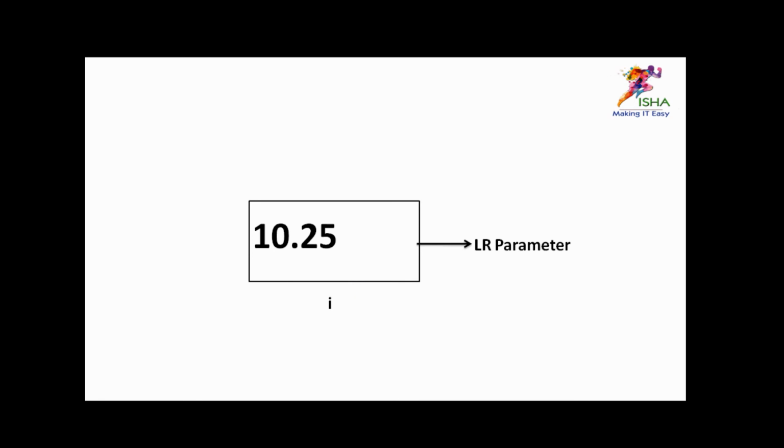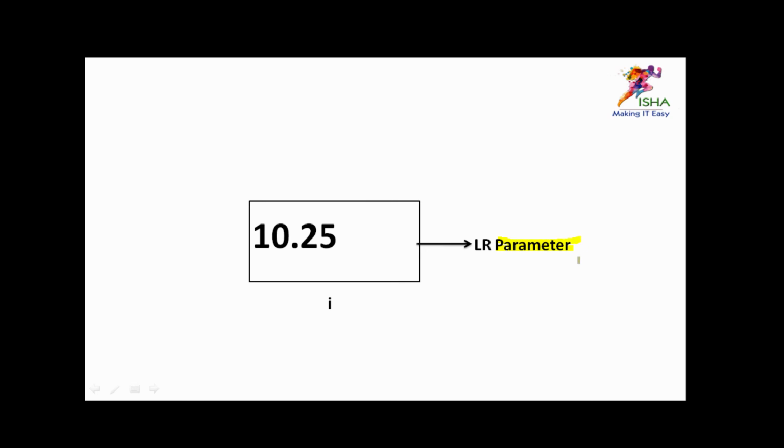Again, in the real world, people doing LoadRunner call this LR parameters, but wherever you are referring in the tool, they don't specifically call it an LR parameter. They just call it parameters. I will show that as well.